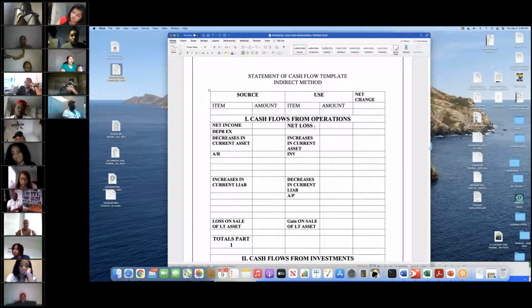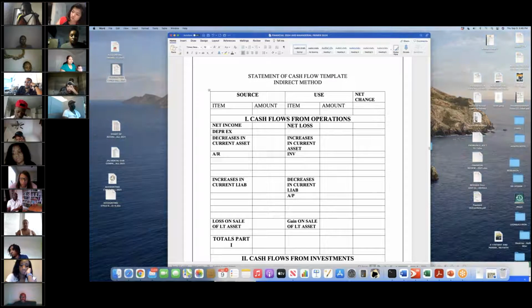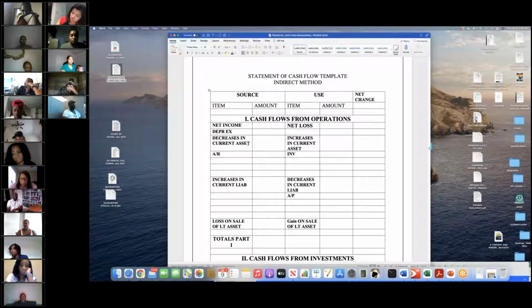If you have a net loss, it's on the use side. If the current asset increases, it's a use of cash. When you buy a cell phone, your cash goes down. But if you sell your current assets, then it's on the source side. So this is where our accounts receivable, inventory, things like that are going to be.